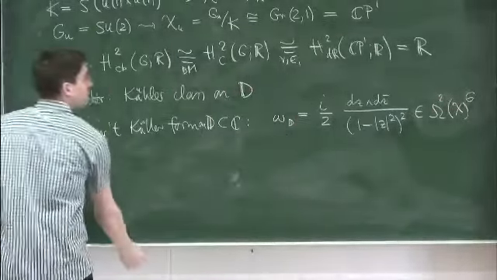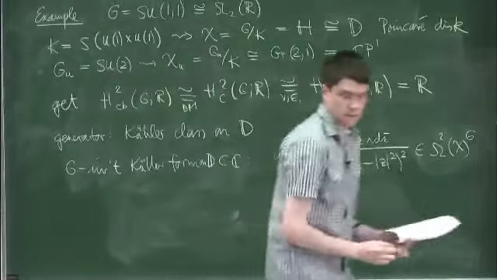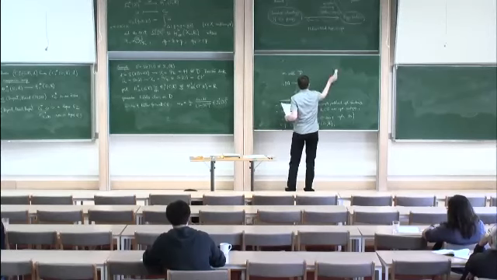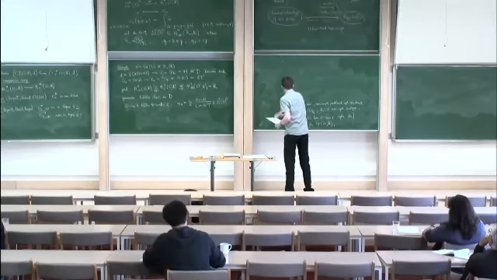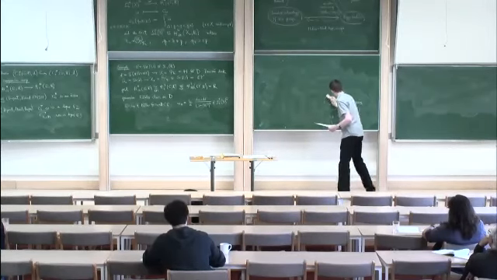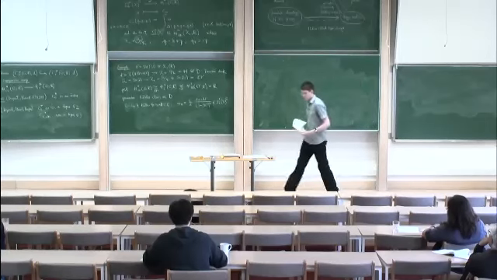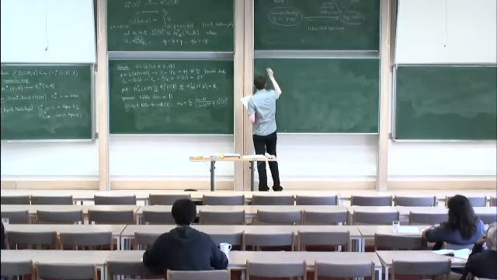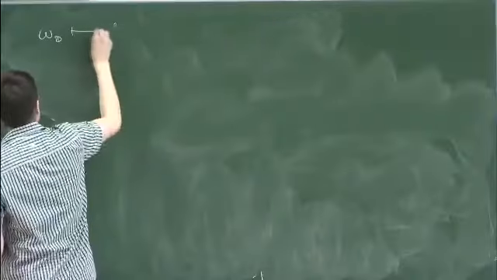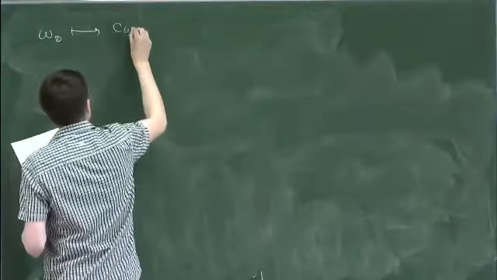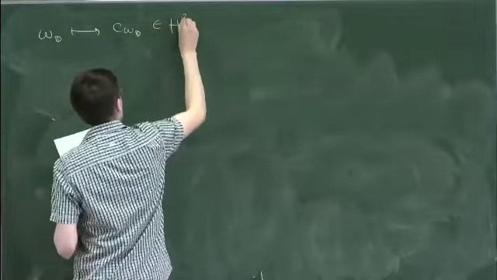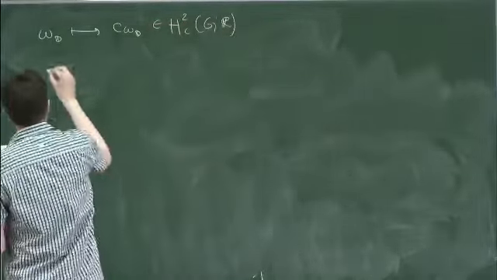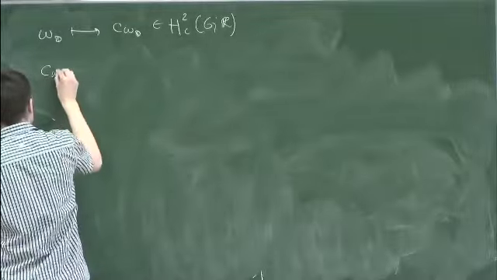And now let me go to another point. So now we apply this machinery I just described. We take this form and map it to its co-cycle. And now it's very explicit.